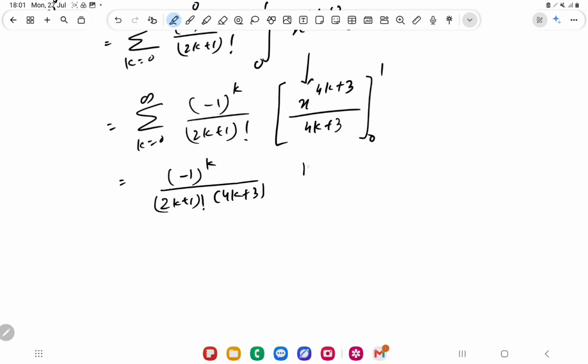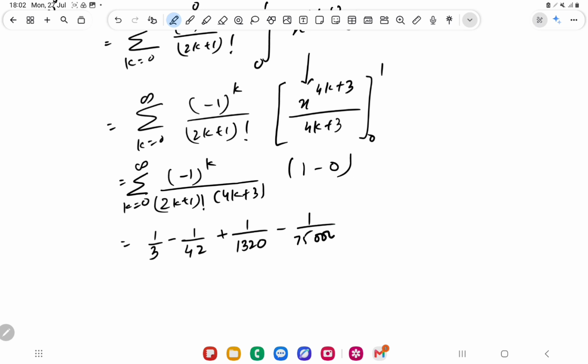Now I have to put the upper limit, so 1 minus 0, that becomes 1 and the summation stays as it is. Now when I substitute k is equals to 0, my first term will be 1 over 3. When I substitute k as 1, I will get 1 upon 42 plus 1 upon, when k is 0, 1, 2, then if I substitute 3, I will get like this, like this.